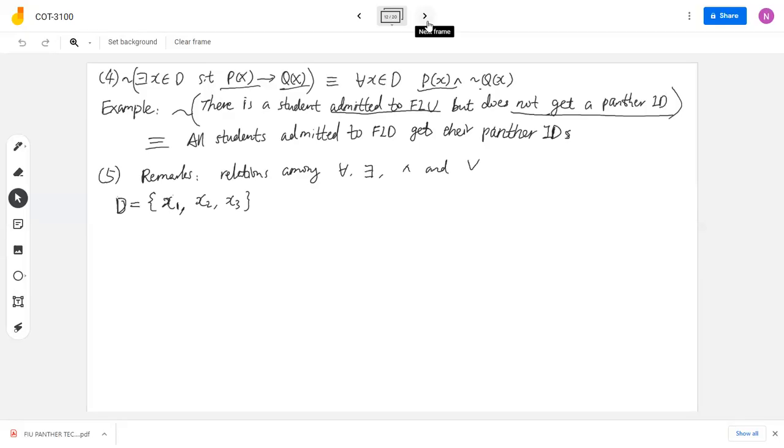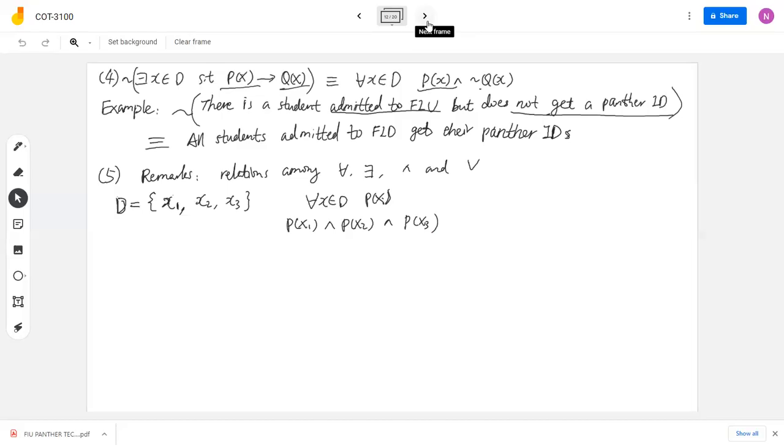Then what is our statement, for all x in D, Px? In this simple case, this is nothing but Px1 and Px2 and Px3. We just say Px1 is true, Px2 is true, and Px3 is true.